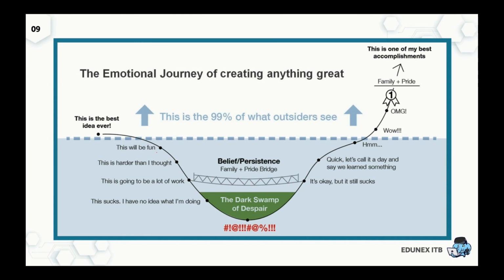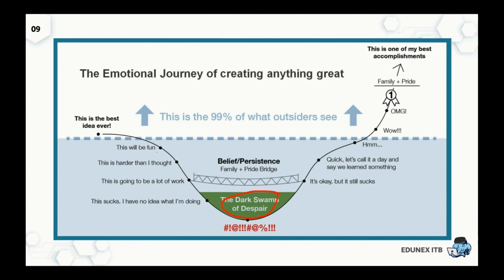And then we come to the state we call the dark swamp of despair. This actually tests our belief and persistence. When we can pass through this dark swamp of despair, sometimes we say, oh, it's okay, but there is still some problem there.